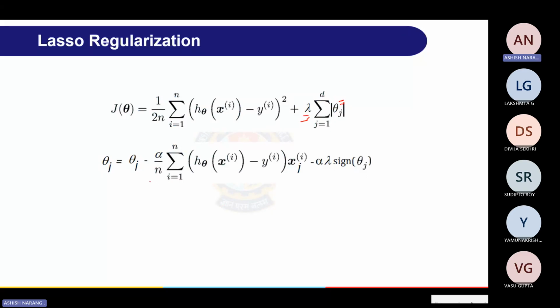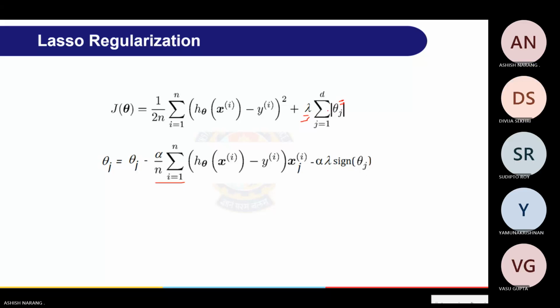Same thing we are having here, but the weight is not getting squared. So rather than squaring it, you simply have the sum of those weights added to it. That's all. Plus this lambda as some parameter.